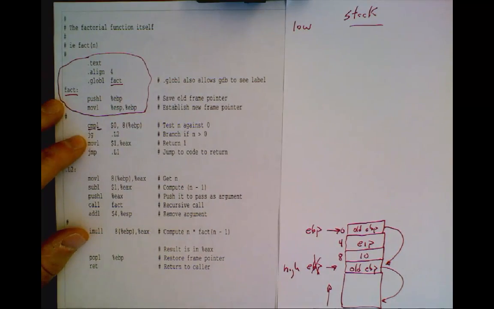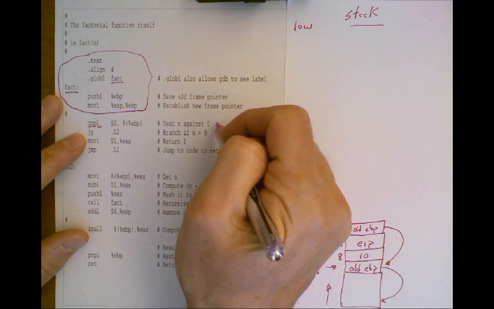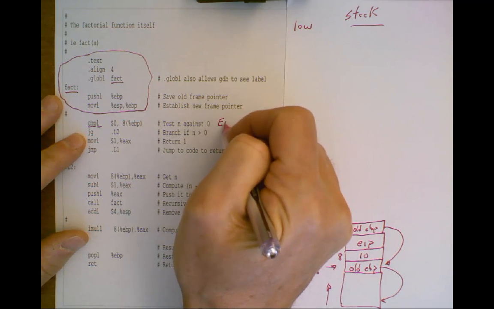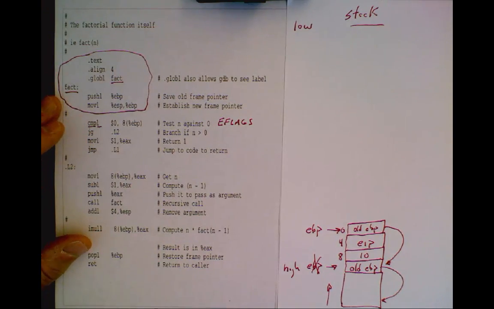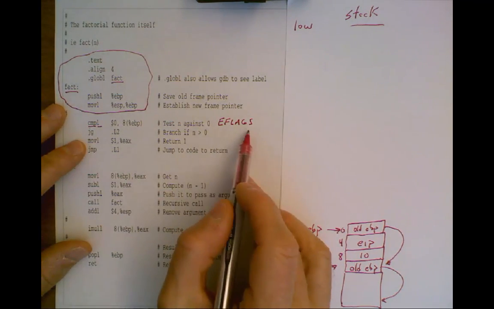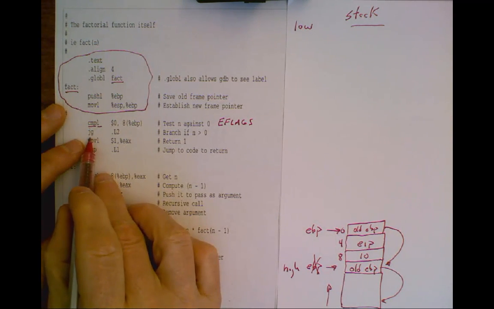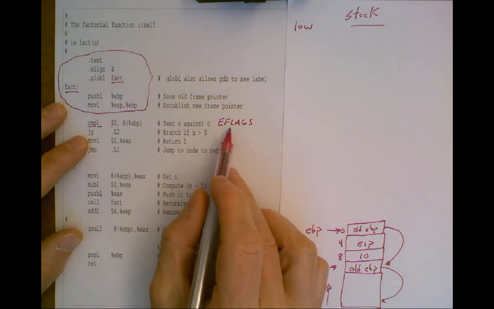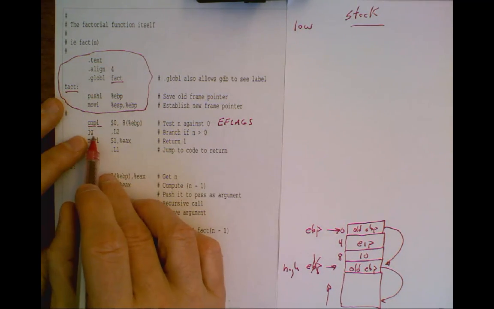The way the compare long instruction works is it does the comparison, then it actually side effects a register called E flags. I think of it as condition codes. It remembers the result of the comparison in this E flags register inside the CPU. And the next instruction is a jump greater than, which checks E flags to see what the last instruction placed with respect to the greater than condition.